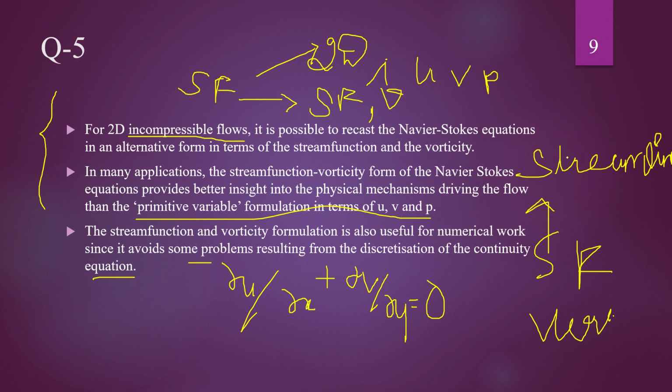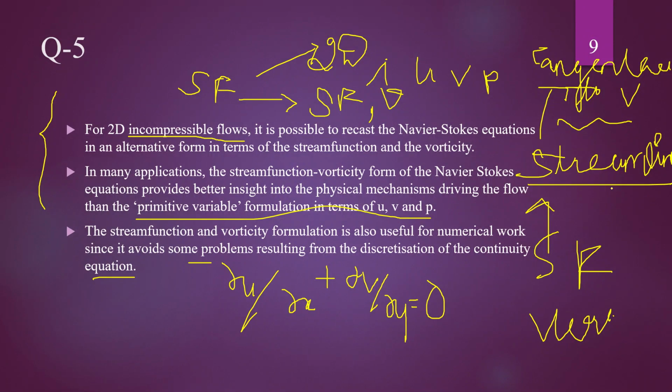These streamlines are nothing but tangential to the velocity at every point in the fluid flow, so along the streamlines there would be no fluid flow. That is what the streamline gives, and this is given by the stream function. Vorticity is the curl of the velocity and it measures the rotation of the fluid flow.